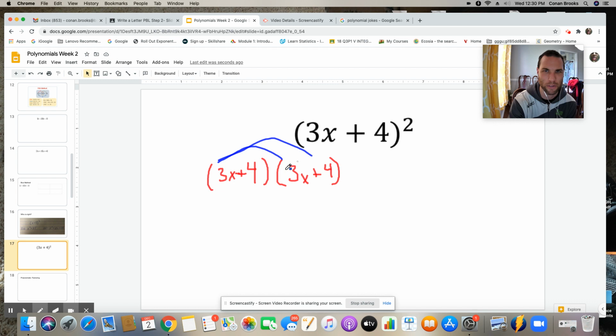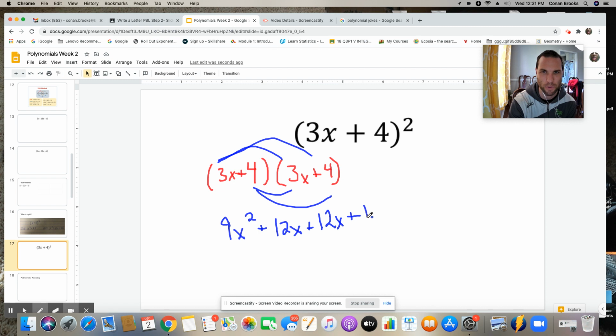So 3x, 3x, 3x, 4, 4, 3x, 4, 4. 3 times 3 is 9x squared, and 3x times 4 is 12x, and 4 times 3x is 12x. And you can kind of see the pattern now.